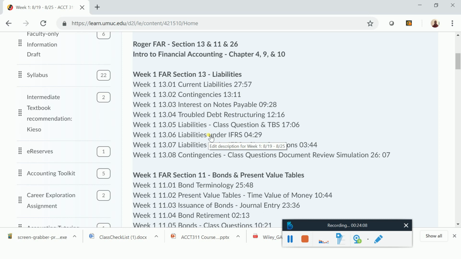Then if there are areas that you're still a little confused upon, I would go to the Rogers CPA site and specifically review those particular sections in a little more detail, to get someone else's perspective or explanation of it.